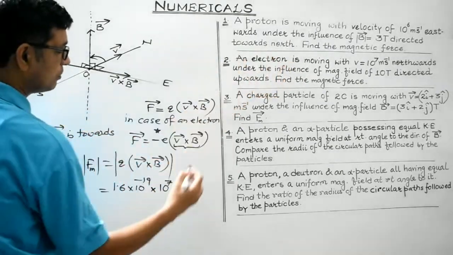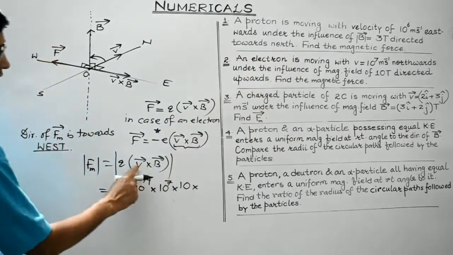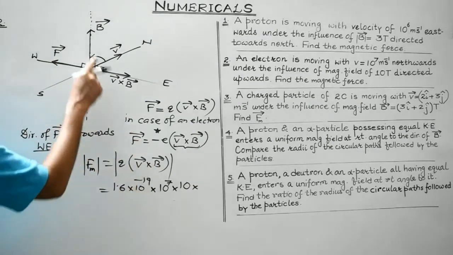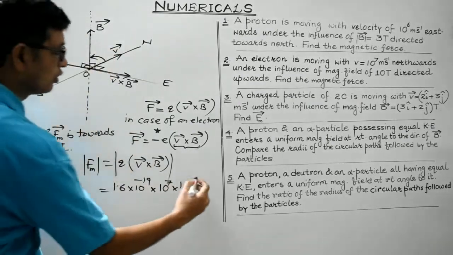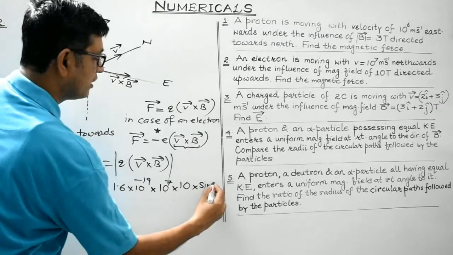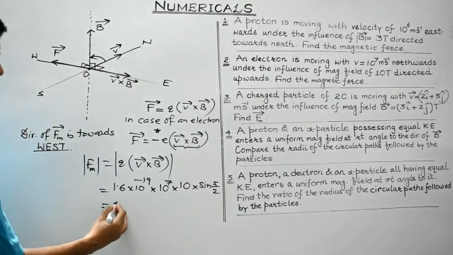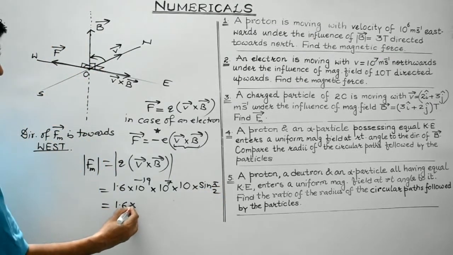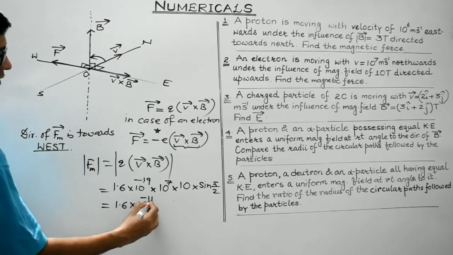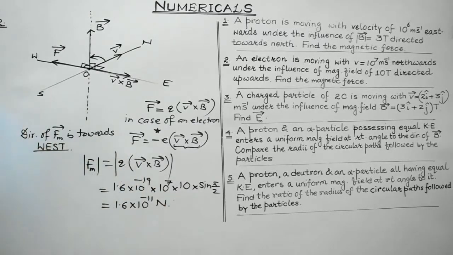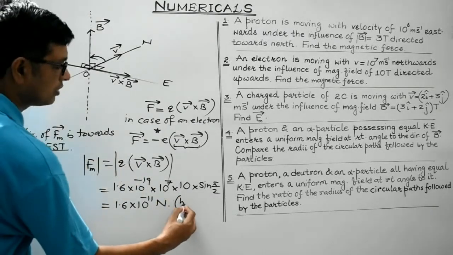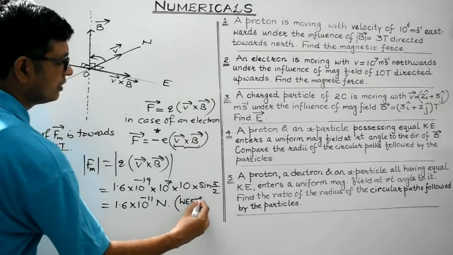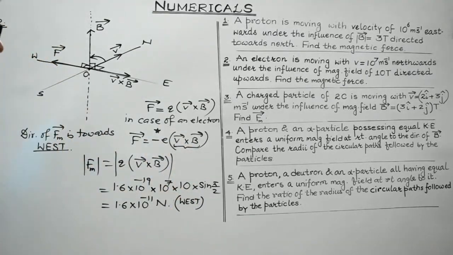Strength of the magnetic field is 10. And the angle between these two is 90 degrees, right? So it will be sine 90, which is obviously 1. So it will give us 1.6 into 10 raised to minus 11 Newton. And the direction is towards west. So this is the complete answer.